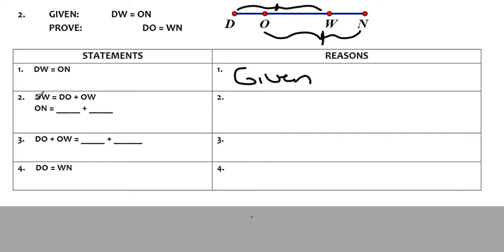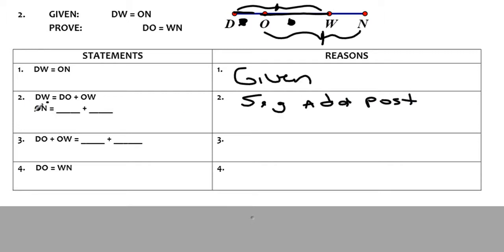And then it says that DW, the whole length of DW here, is equal to DO plus OW. Well, once again, all we're doing is we're taking a little part of the segment and a little part of the other segment, giving us the whole segment DW. That's our segment addition postulate.